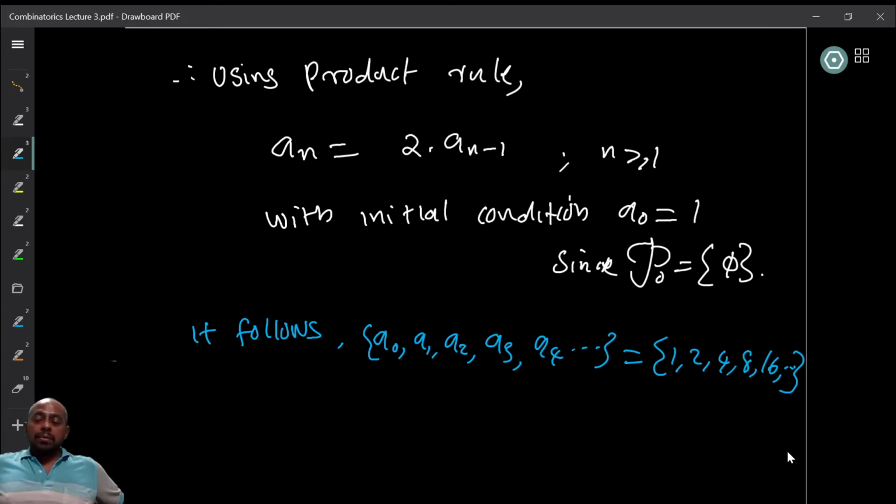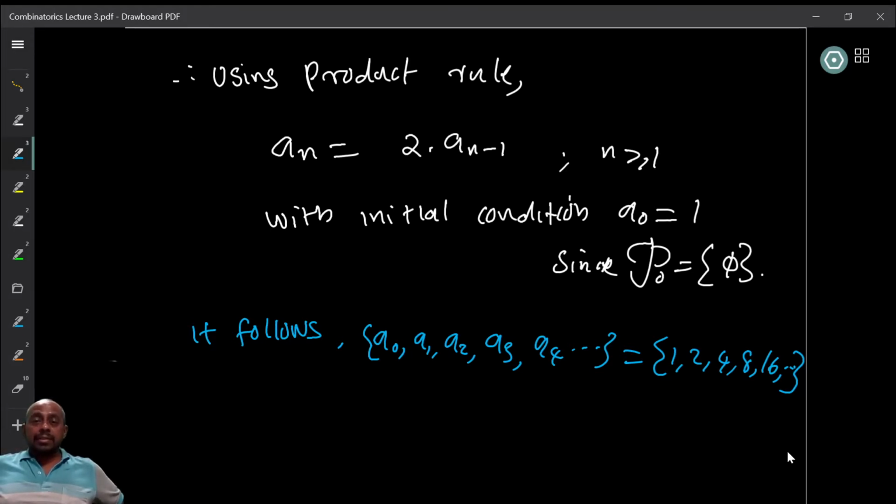Now with the initial condition that we figured out, a_0 equal to 1, we can try to find out the values of a_n as follows. a_0 is equal to 1, therefore a_1 is 1 times 2, which is 2, then a_2 is 2 times 2, which is 4, then you get 8, 16, etc. for a_3, a_4, etc. So we find out what these numbers are.